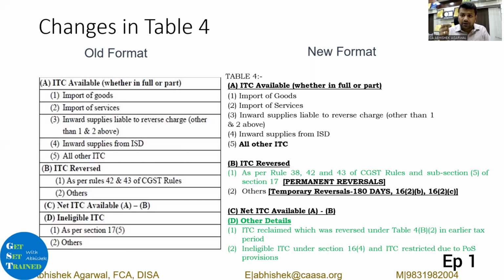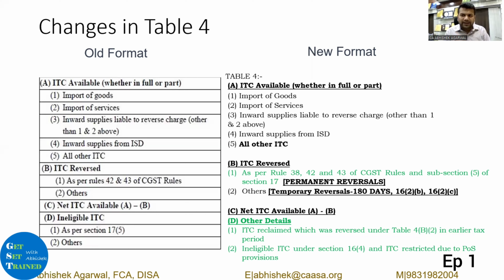So the disclosure of ineligible ITC because of POS and because of 16 subsection 4 has to be specifically reported in 4D2, right? And in 4D1, all the ITC which was previously reversed temporarily and is reclaimed by you has to be reported.